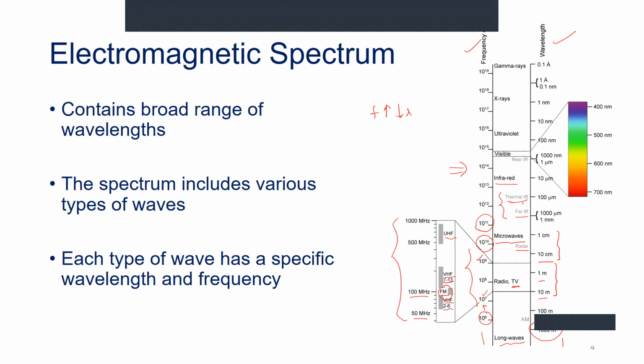Thermal infrared, as I explained in the previous slide, has a wavelength of about 100 micrometers to 1 millimeter, and the frequency is now 10 to the power 12 to 10 to the power 13. You see that we are going up in frequency and going down in wavelength.